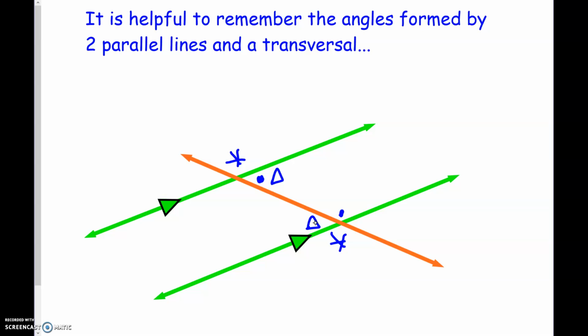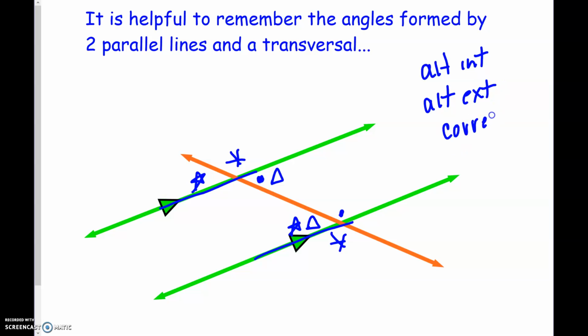And last but not least, corresponding angles are both above their parallel line and to the left of the transversal. So we have alternate interior, alternate exterior, corresponding, and consecutive interior.